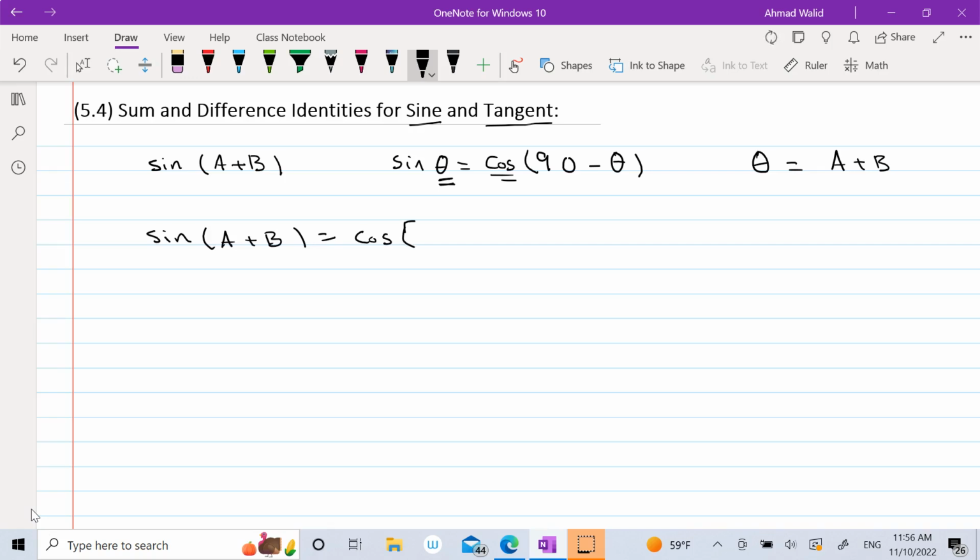Keep your 90, open a bracket, 90 minus, replace theta with a plus b. Now, we already know what is cosine of a minus b, correct? Then I'll use that trick from 5.3 and I'll work on it.